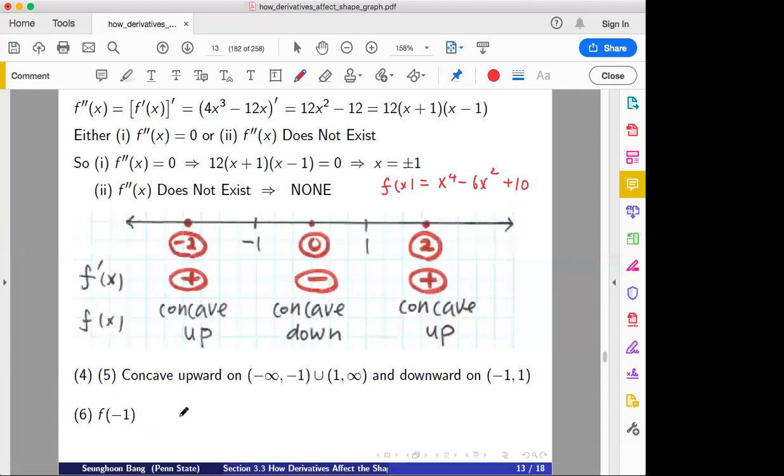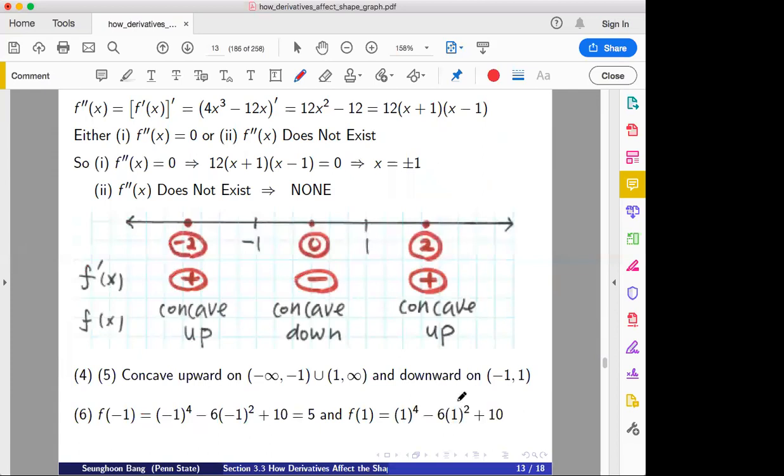F of minus 1 is plugging minus 1 in: minus 1 to the 4 is 1, minus 1 squared is 1, 1 times negative 6 is negative 6, plus 10. 1 minus 6 plus 10 is 5. What's f of 1?